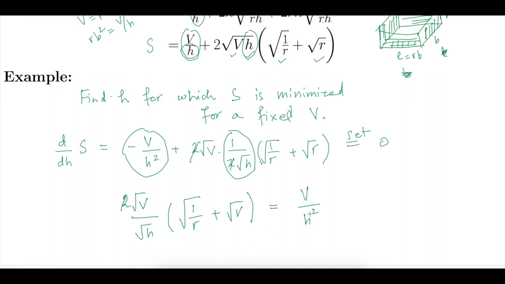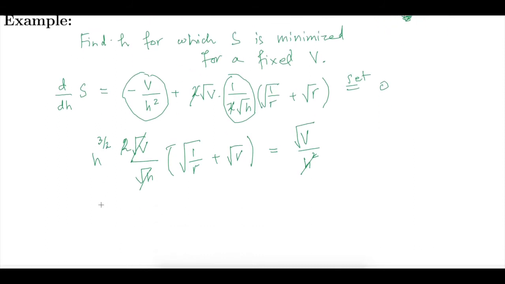We can bring this H squared here and this root V here. So this becomes root V, and this becomes H to the power of 3 over 2. So H to the power of 3 over 2 is equal to root V divided by 1 over root R plus root R.